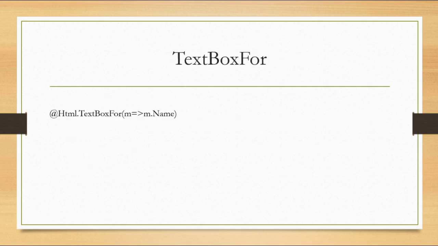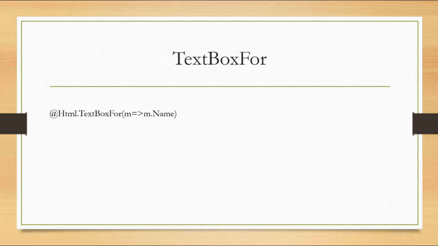Just a couple of them. Text box 4. Notice we add the FOR behind it. And also notice that we have a lambda, the M for the model. So these are strongly typed names. Before with the generic ones, we had to put the names in quotation marks, and we would not find out if it was wrong until we execute it.